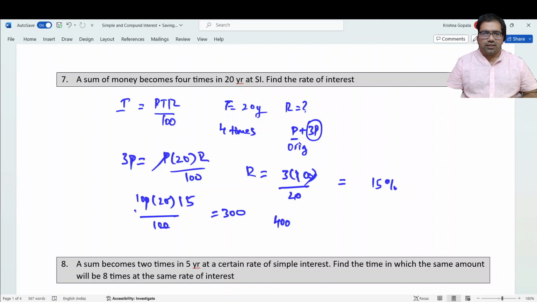If the original amount was 100 and time is 20 years and rate is 15, then P into T into R by 100, the 100 gets cancelled, and 20 into 15 is equal to 300. 300 is the interest, and 100 is the original principal amount. Total is 400. Right?